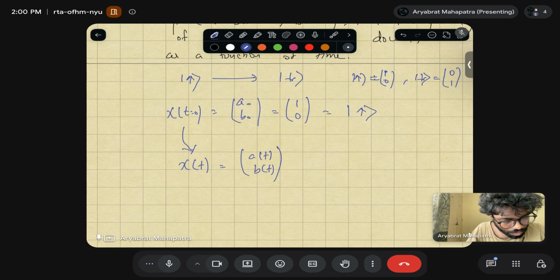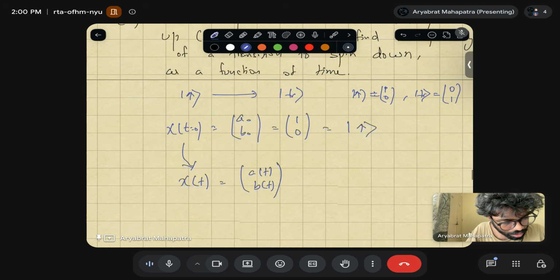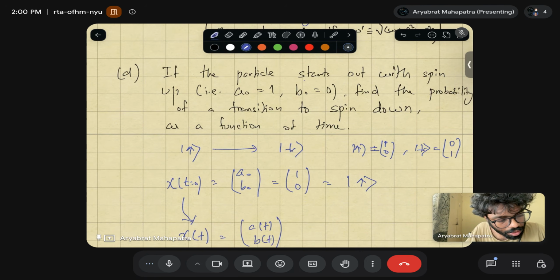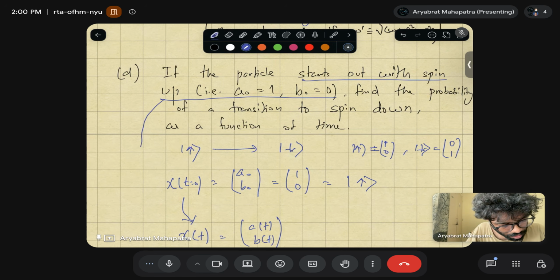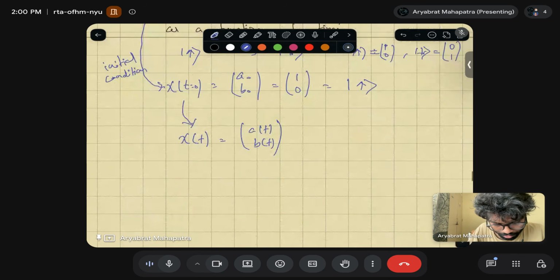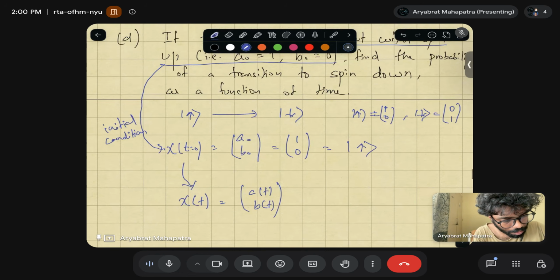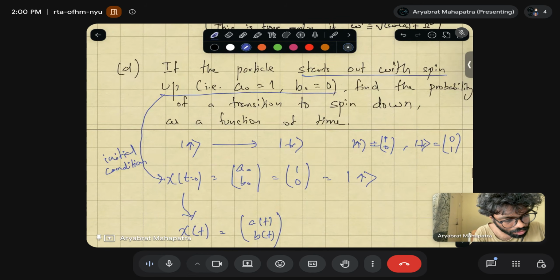So what we know here is the initial condition. If the particle starts out with spin up, this is your initial condition. But then your question was to find the probability of a transition to spin down.